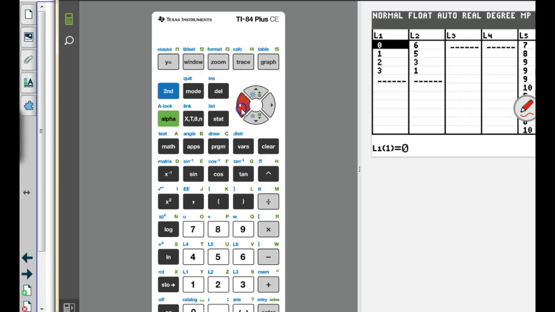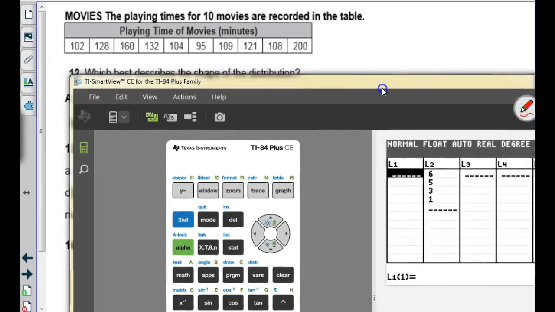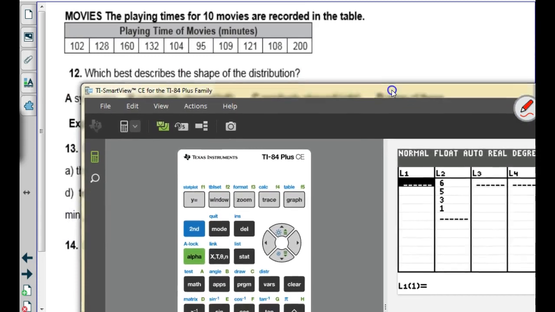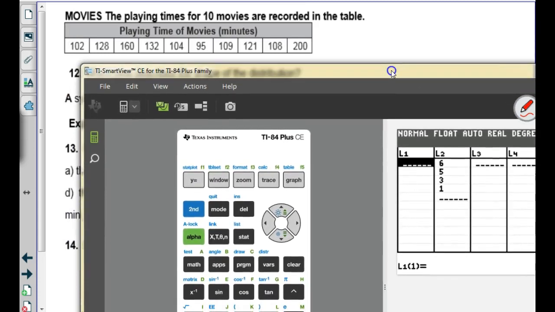You don't have a list two? Okay. We're really only worried about list 1. So I'm going to clear and enter to delete those numbers. Don't hit delete on the title or you have to re-enter the list name. All right. I'll try to type these. No. There's just 10 items in the list.